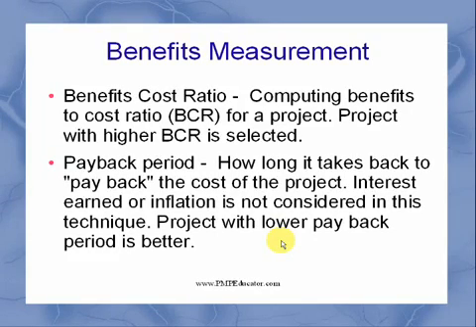The idea is that you know how much benefit you are getting and what the cost is. Say the benefits are the same, but one vendor or piece of equipment is less pricey, then obviously you will select the one which costs you less. So the project with the higher benefit cost ratio is selected.